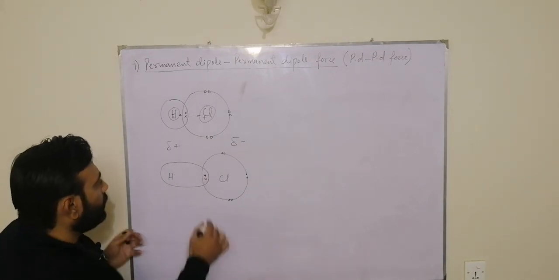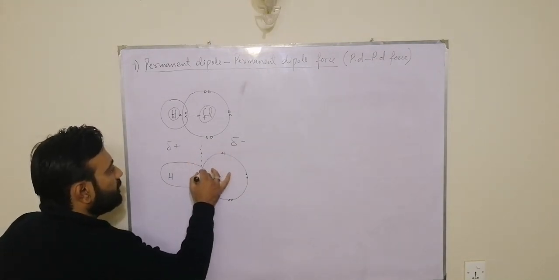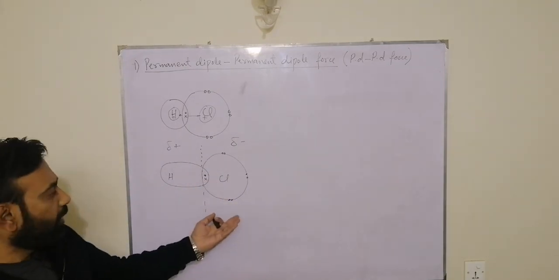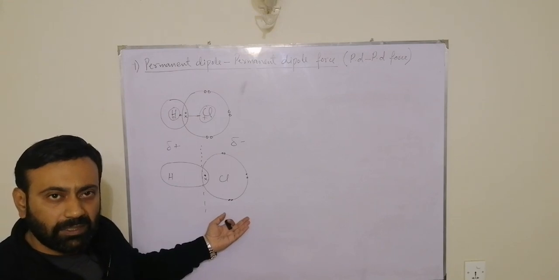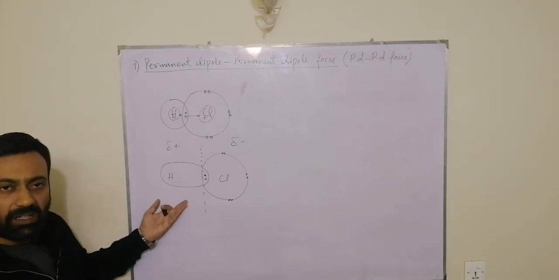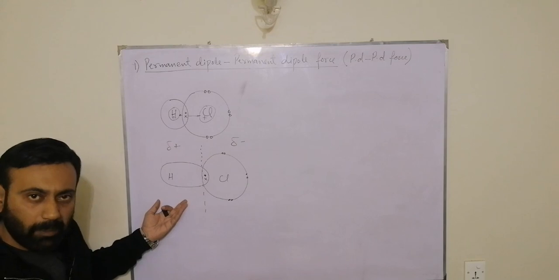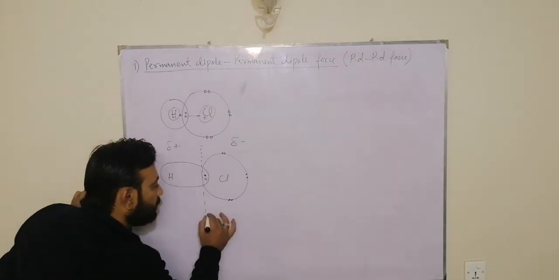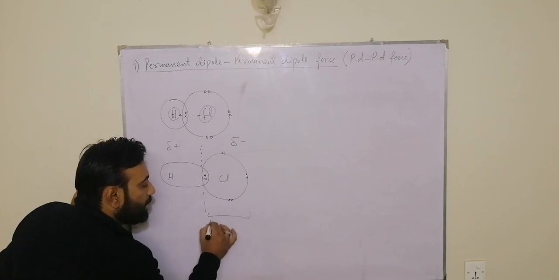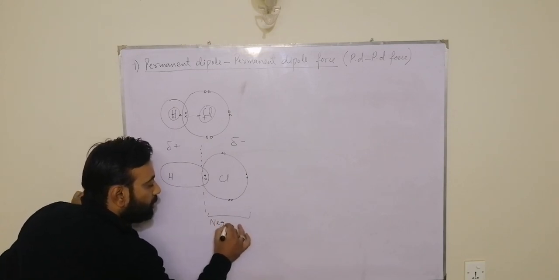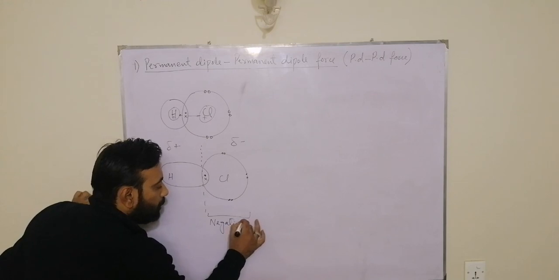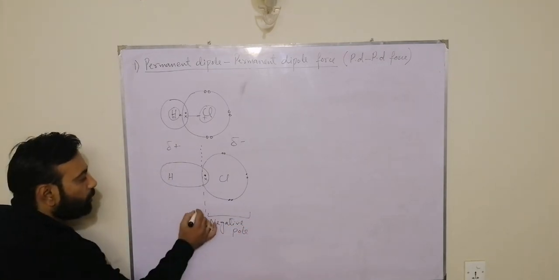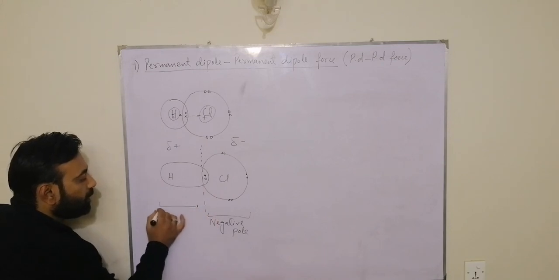Now if you consider this molecule, it has more of a negative charge on this side and more of a positive charge on this side. Although they are partial charges, still they are charges. That would make this part of the molecule the negative pole of the molecule, and this part of the molecule would be the positive pole.